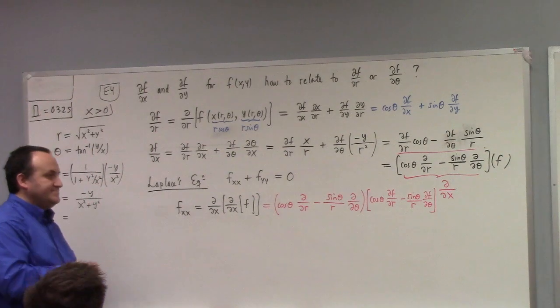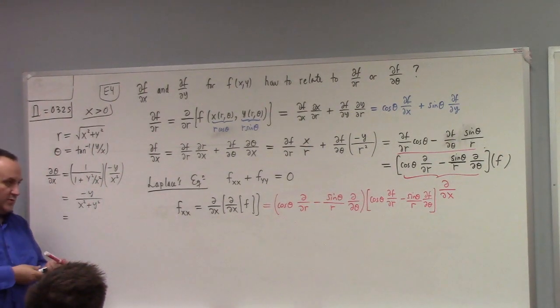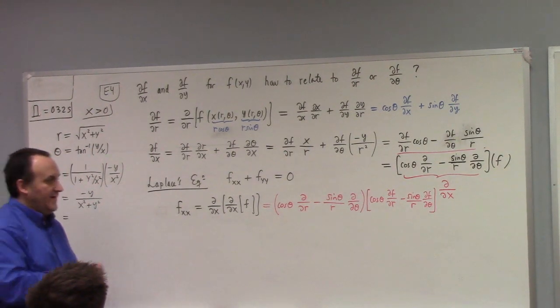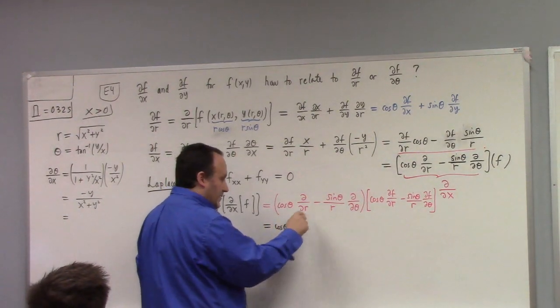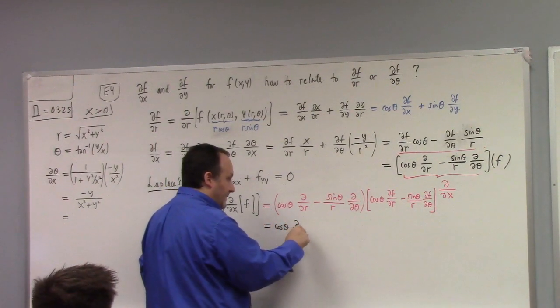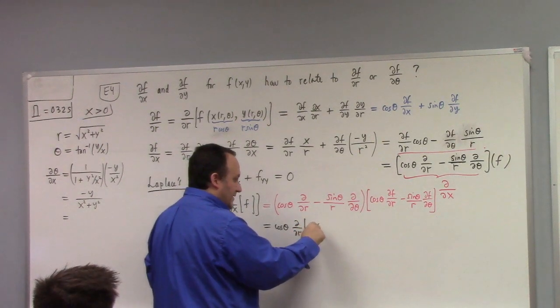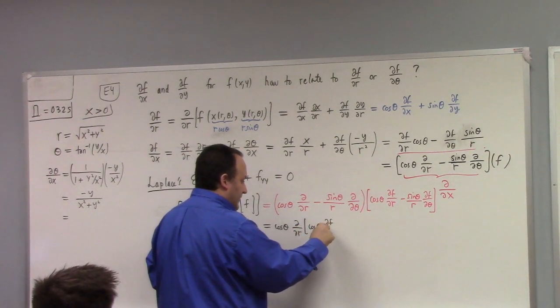Then what? Oh, see, that's where the interesting stuff happens, because I've got cosine theta partial r of what? Of cosine theta partial f partial r, right?